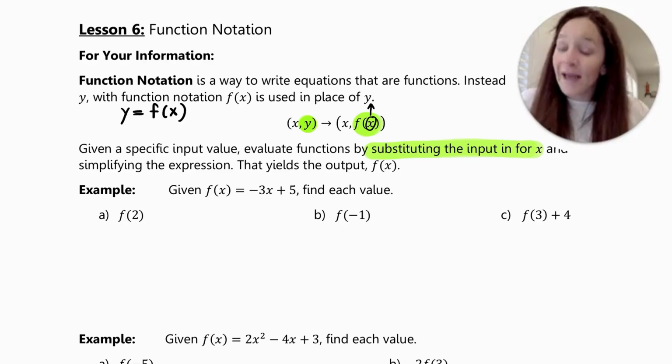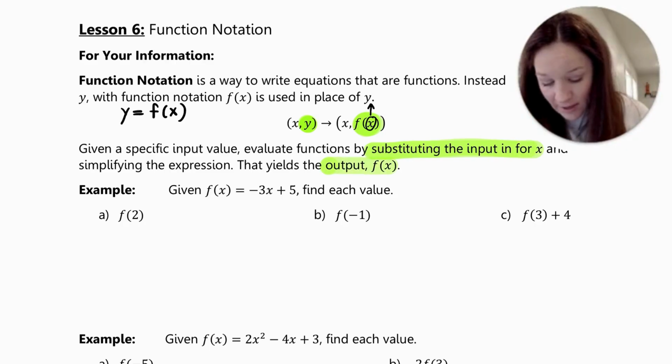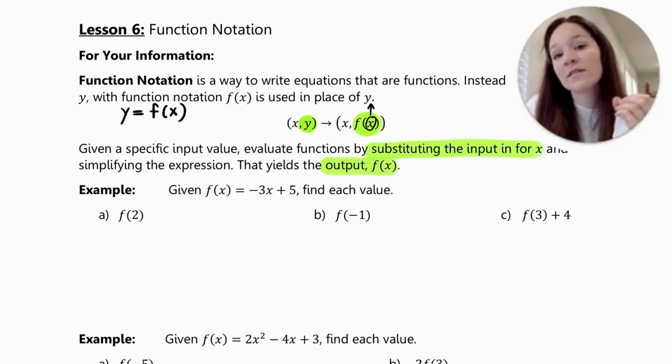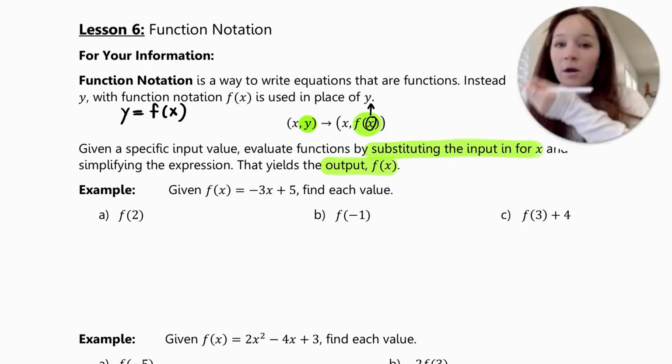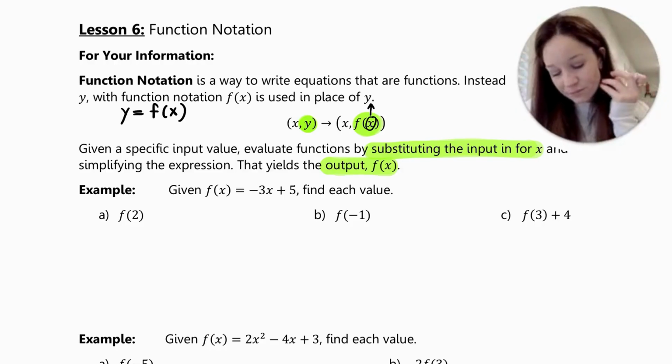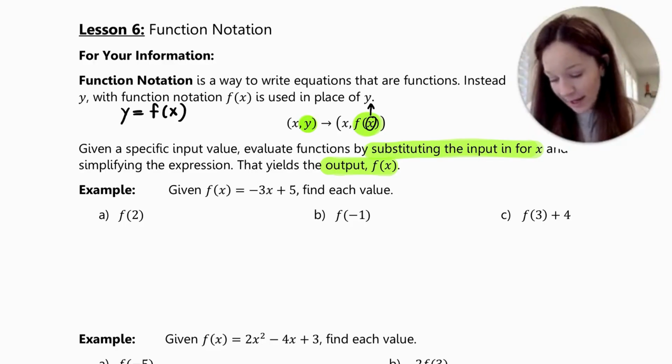That number we get is our output. It is our f of x. It's saying if I had a graph of this function, this ordered pair, input comma output, would lie on my graph.